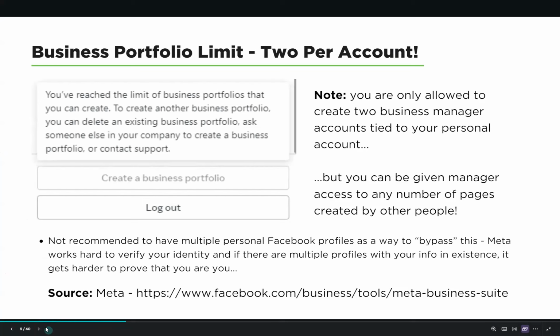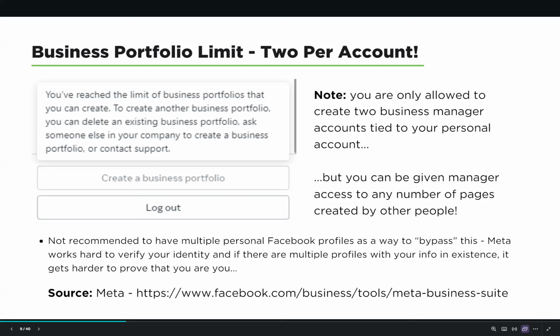All right. So another thing to note, as we're kicking off with some of the nitty gritty for starting a business portfolio in Business Suite. You are only allowed to create two of what they call business manager accounts tied to a single personal Facebook account. So that makes it kind of confusing. You've got your one personal Facebook page.